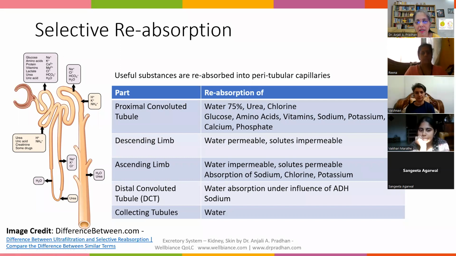As it passes further through the distal convoluted tubule, reabsorption of water, sodium, chloride and carbonate, HCO3 minus. यहाँ पे पोटेशियम एब्सॉर्ब नहीं होता है, रादर पोटेशियम सिक्रीट होता है. मतलब जो ज्यादा पोटेशियम सर्कुलेशन में है वो यूरिन में आ जाता है.